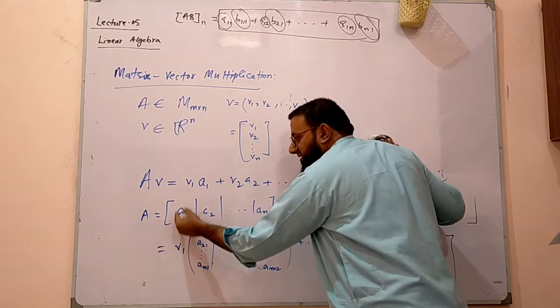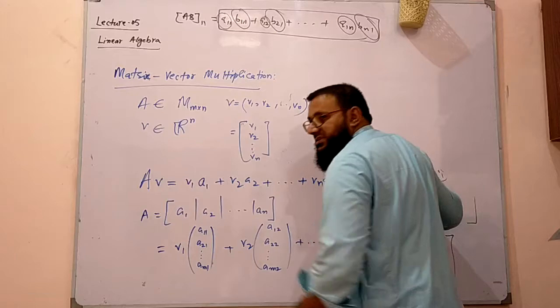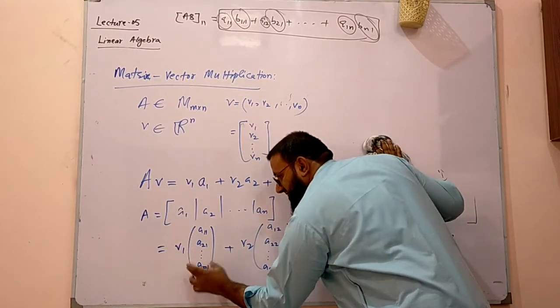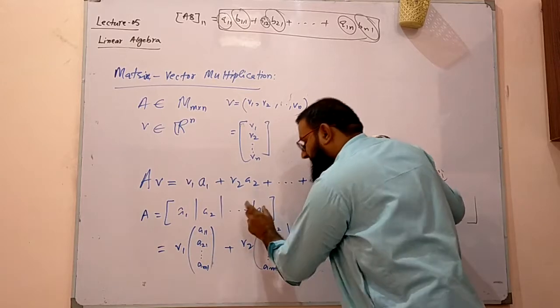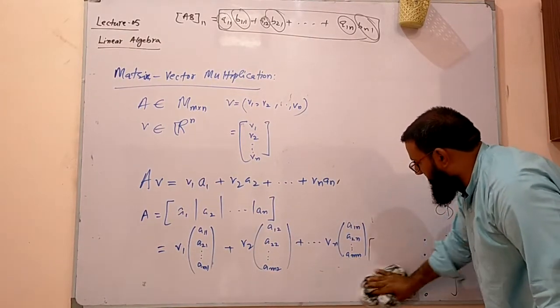You can say this is the first column. This is another way to write your matrix. A1 is not a number; A1 is a column like this. A2 is a column, A3 is a column, and so on. So these are columns.